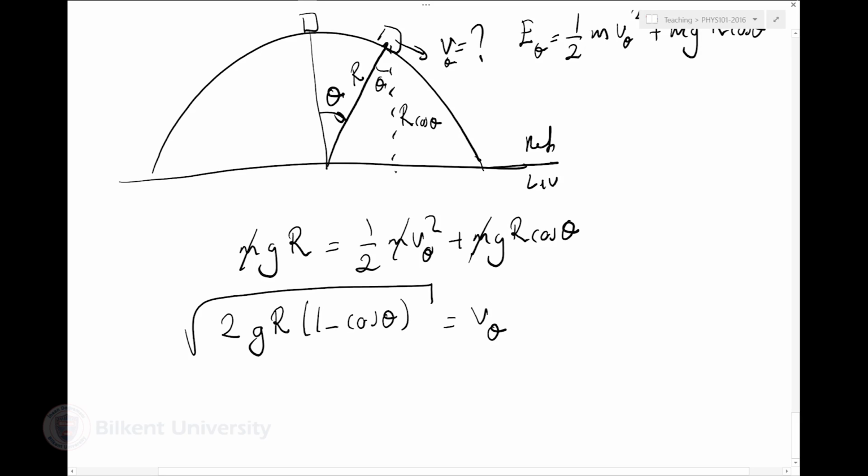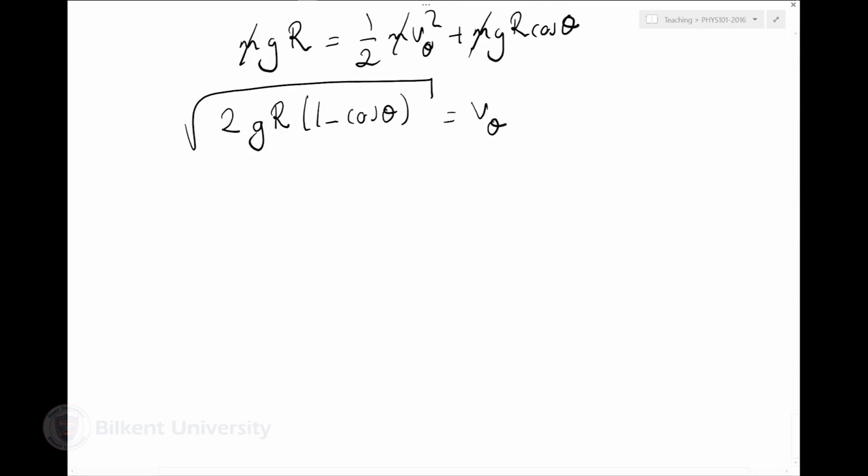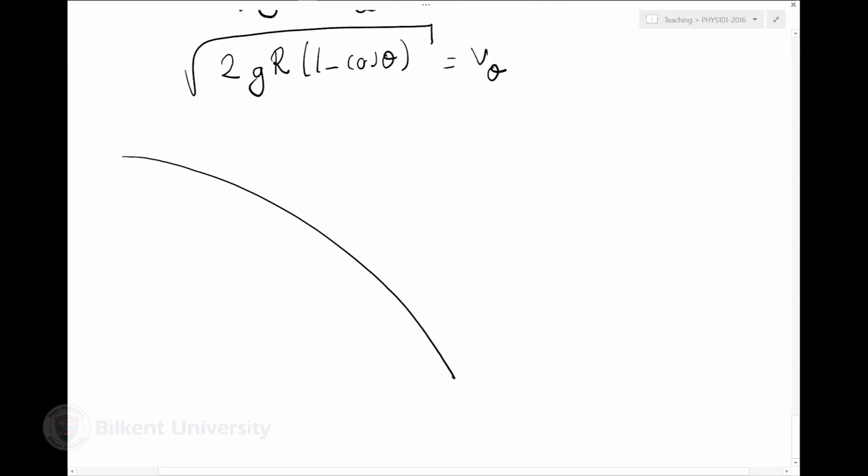We found the velocity at any point when I'm still on the sphere. But that was not what I was intending to find. I was intending to find the normal force, right? Good. So let's focus on that point. I'm making an angle theta, and my velocity is v theta.